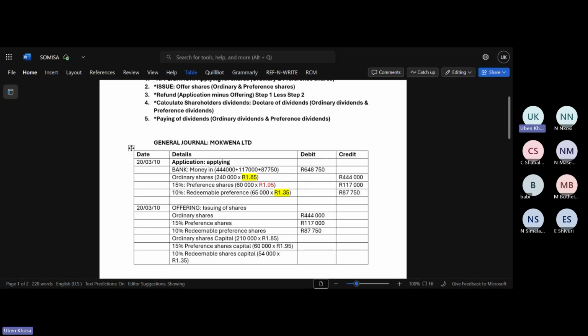We issued 210,000 multiplied by 1,85, to the value of 388,500. Then for preference shares, we issued 60,000 multiplied by 1.95, 117,000. Then the last one, we issued 54,000 shares to the public multiplied by 1.35, meaning we issued to the value of 72,900.